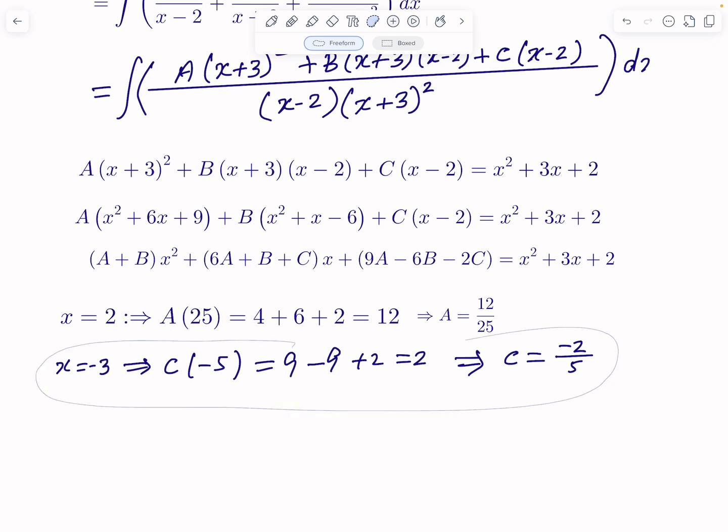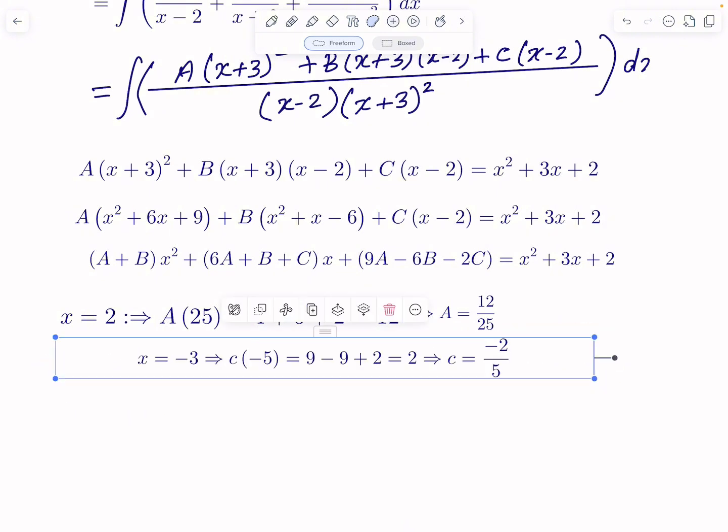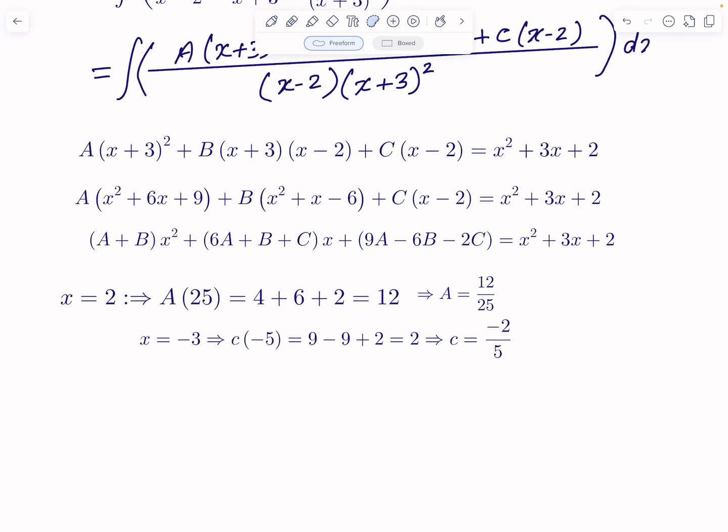Therefore, c equals minus 2 over 5. So c is minus 2 over 5.